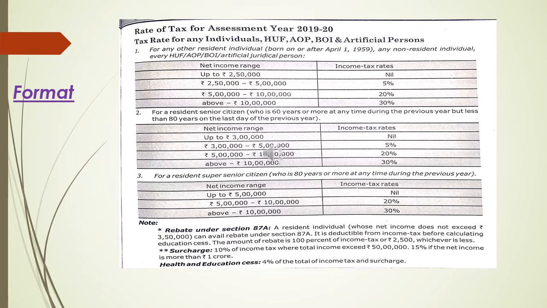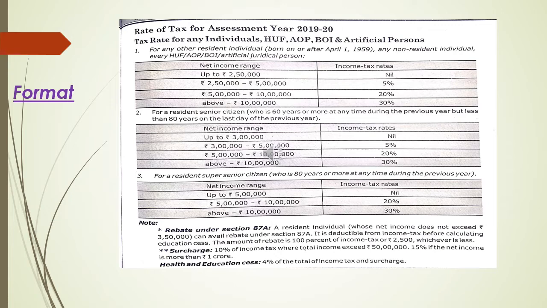I was mentioning about the flat rate of tax and slab rate of tax. Now you look at the slab rate of tax for different individuals based on their age. It is based on the different types of persons: individuals, HUF, association of persons or body of individuals, and artificial persons.